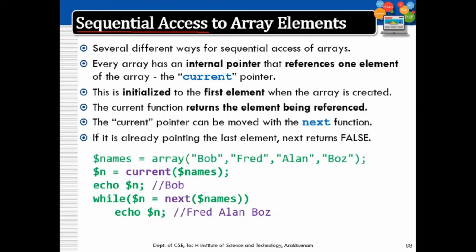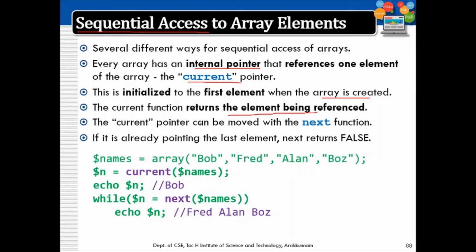Every array has an internal pointer that is used to keep track of the movements within an array. That is the current pointer. So this current pointer will be initialized to the very first element whenever the array is created. And it returns the element being referenced.